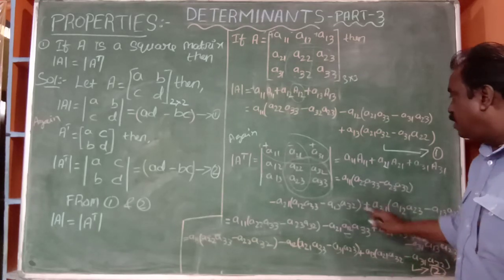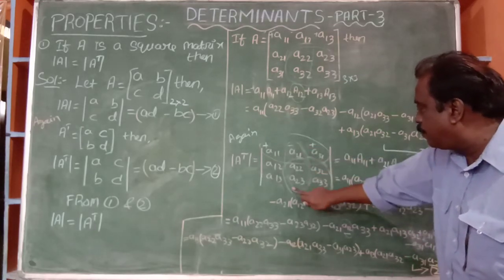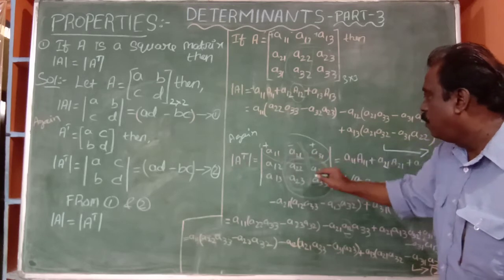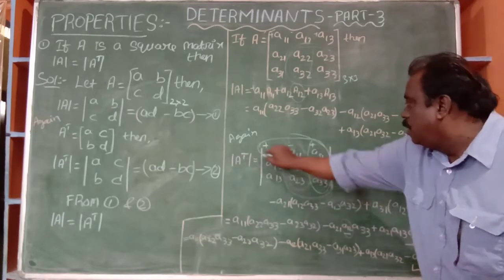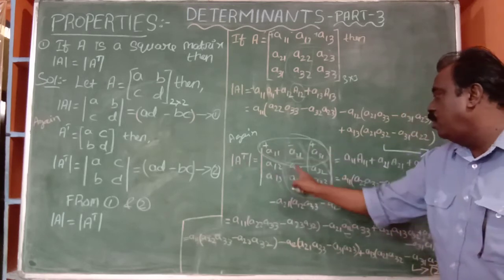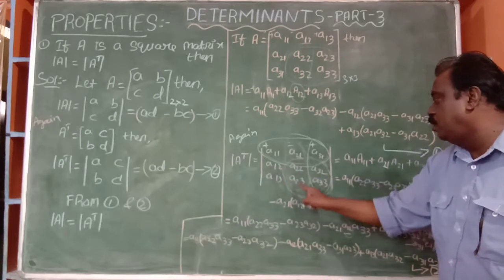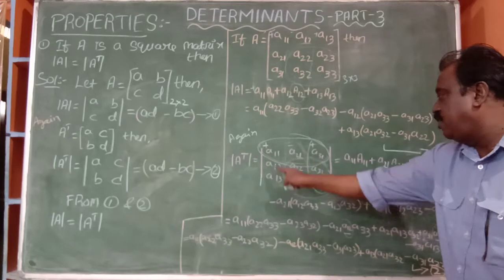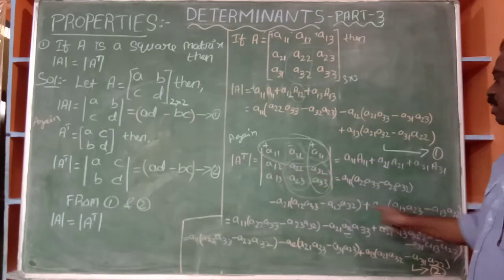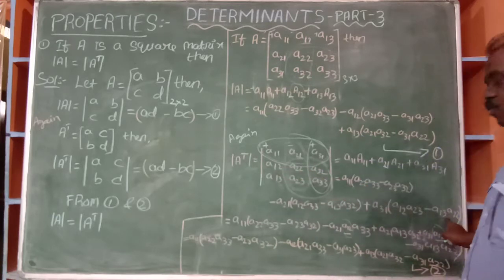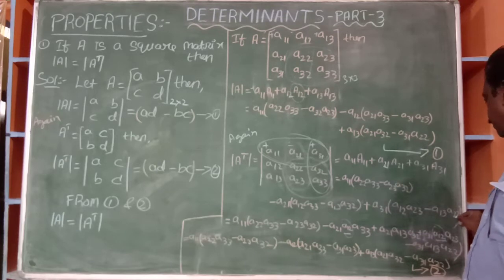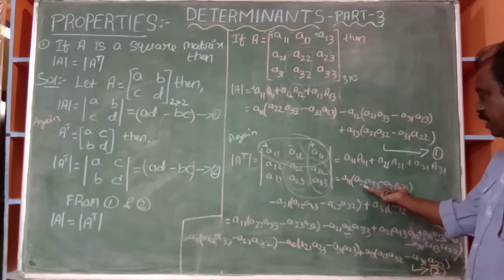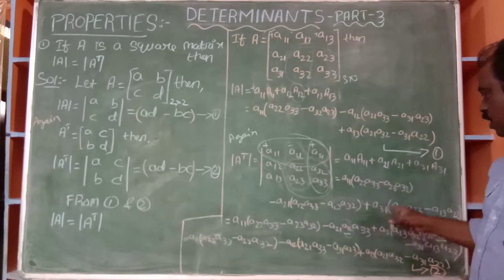Now we have the elements a12, a22, a13, a23, a31, a32. The first bracket is as it is, don't confuse.